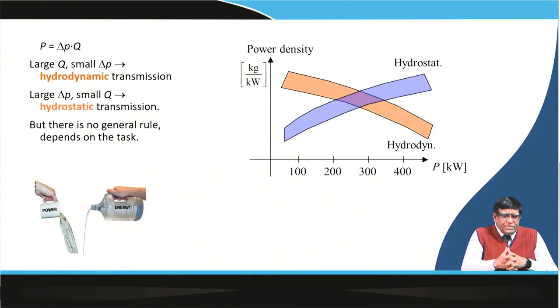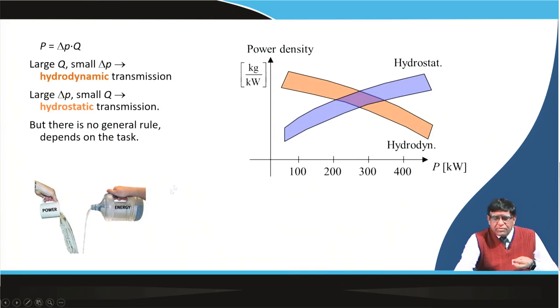Similarly, what is happening in hydraulic systems is basically two things, power and energy. Sometimes you can get more power because more fluid is flowing over here, and more energy, the kinetic energy. The total pressure you are getting, that is your quantity, and that pressure difference, their product is the power. In hydrodynamic transmissions, you have a large quantity but small pressure, and in hydrostatic you have more quantity and large pressure.